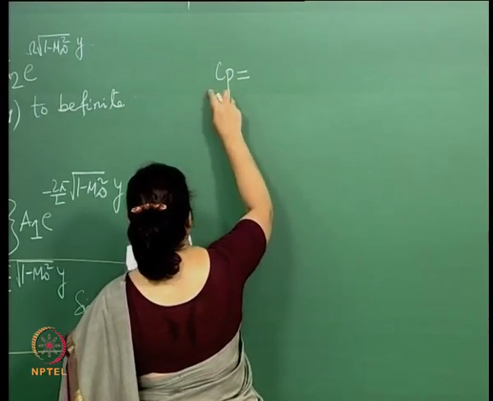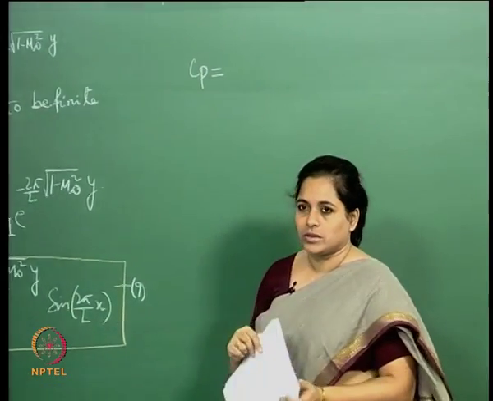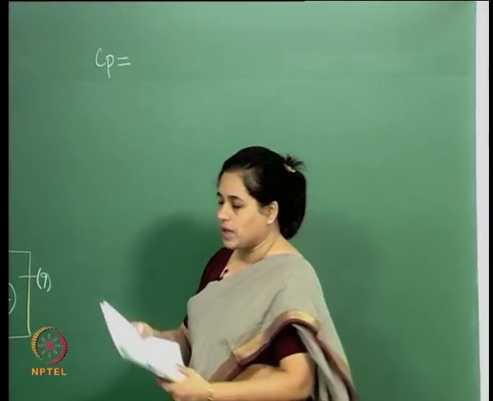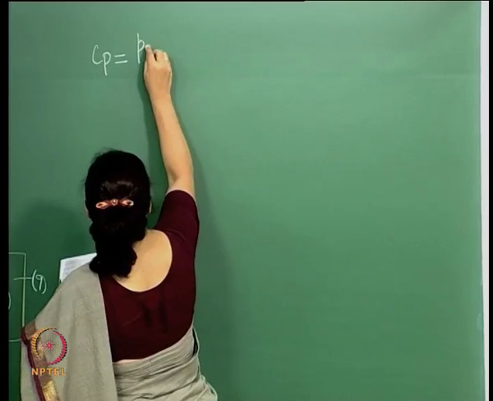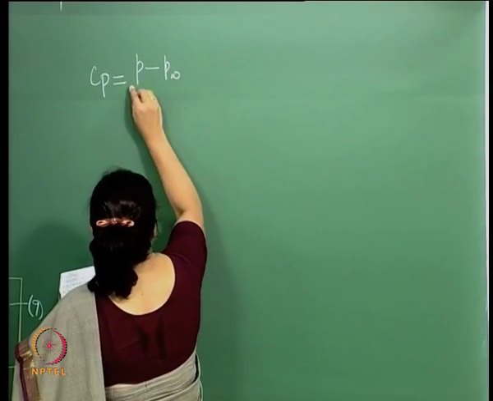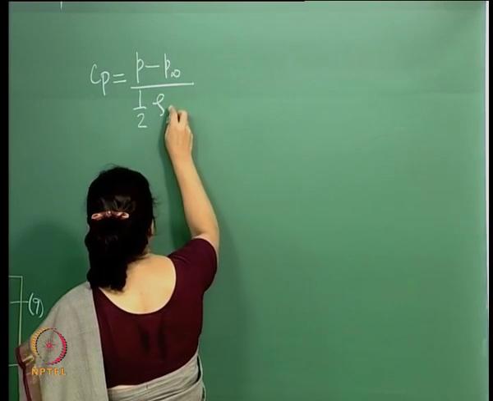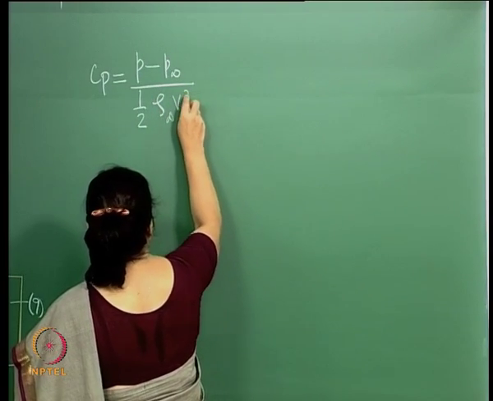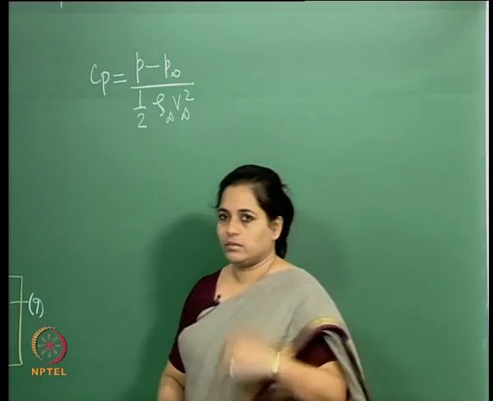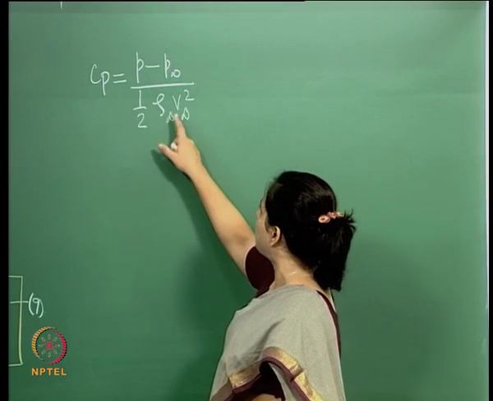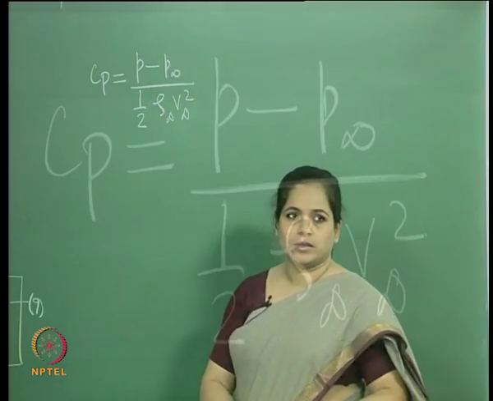So, we will call that the pressure coefficient, you write that as Cp, and you essentially say, okay, this is the dynamic pressure and this is the static pressure difference.